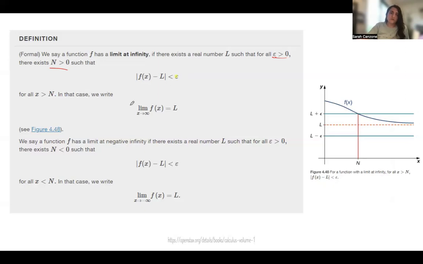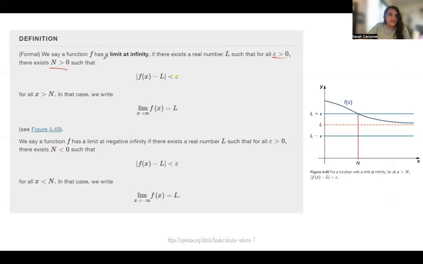We will usually also want to look at the limit of this thing, as you can see right here. So the limit of your function should be L. The function, as you get closer and closer to infinity, should be equal to the limit. So when you subtract them, they should be almost 0. That's why we want to consider a very small epsilon. So your epsilon can vary. That's why we just say it's greater than 0. It's not going to be equal to 0, but it's going to be the smallest number that you could possibly imagine.